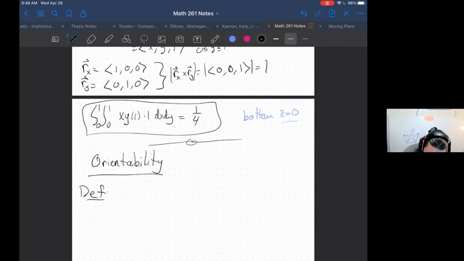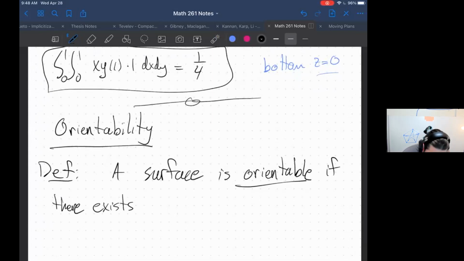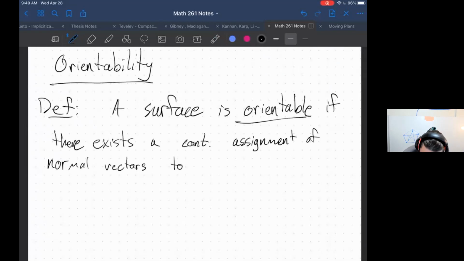So, definition: a surface is orientable if there exists a continuous assignment of normal vectors to points on S.